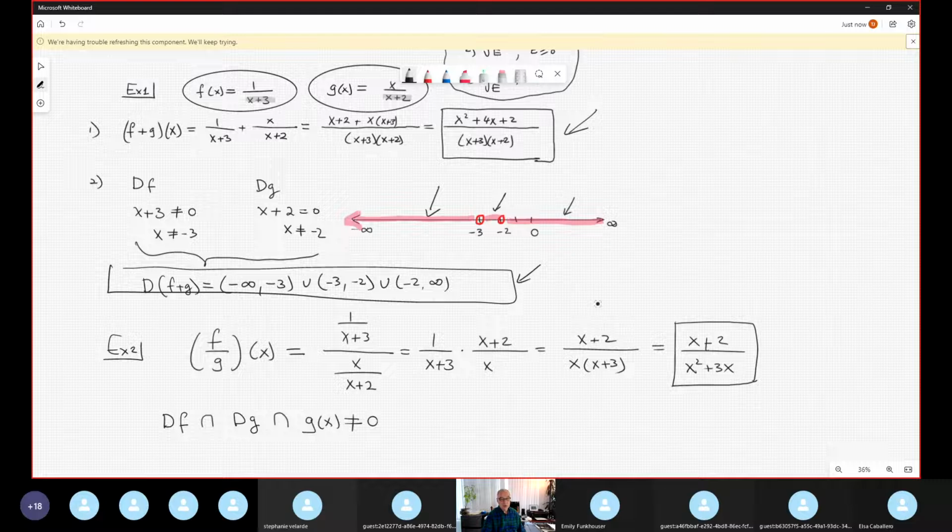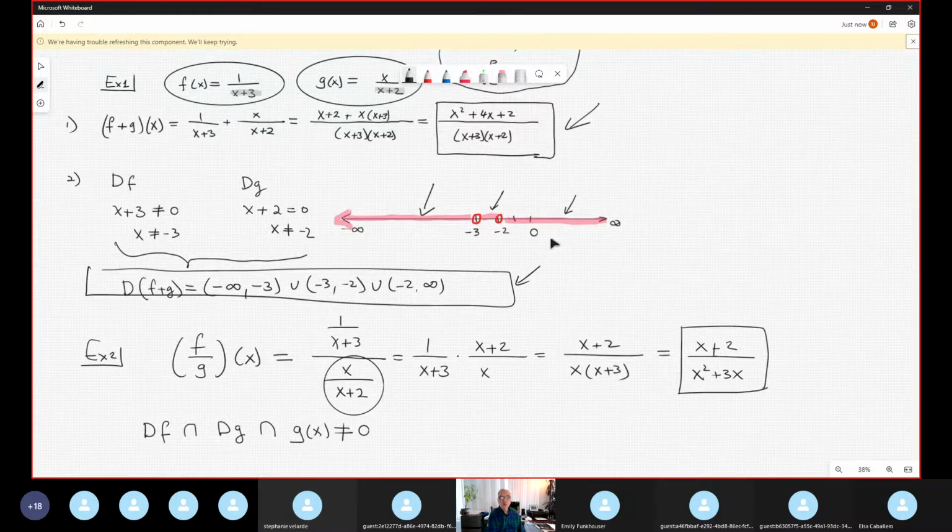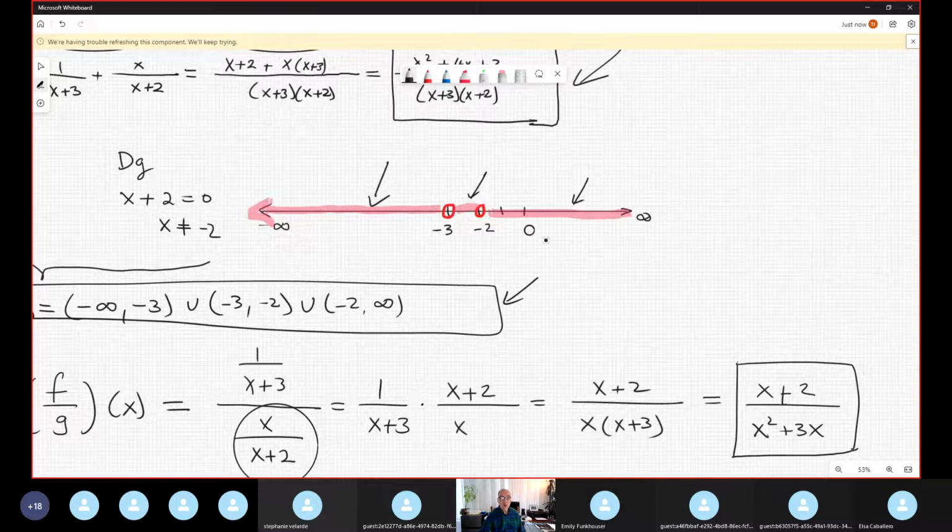So this introduces a new restriction: when g is 0. And who is g? Well, g is this, and g is 0 at x equals 0. So actually, in my problem, I introduce a new hole here at 0.